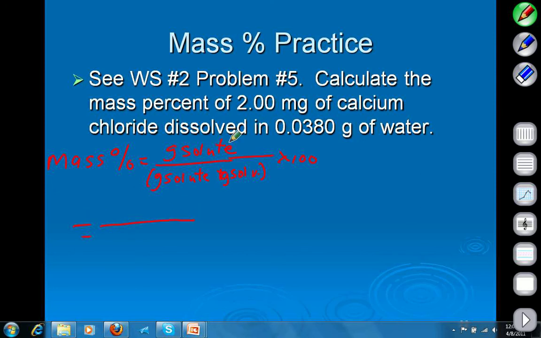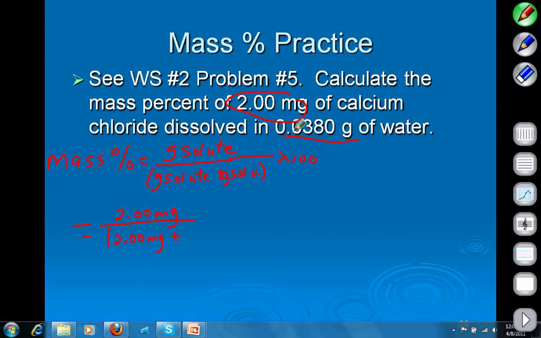We have grams of solute, 2.00 milligrams. I'm going to repeat that on the bottom, 2.00 milligrams, plus the grams of the solvent, which is the water, and that's in grams.